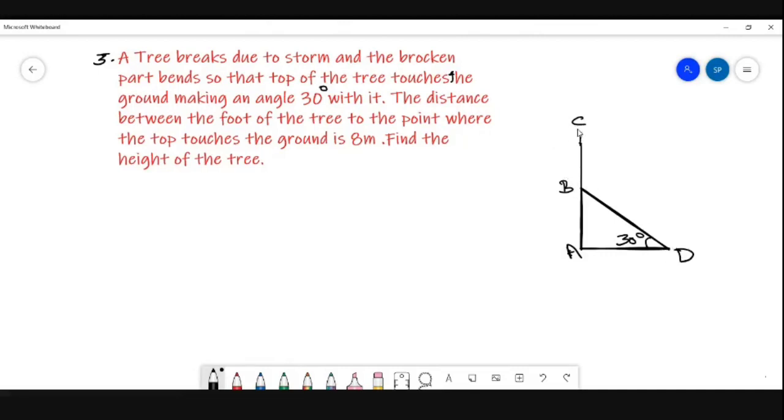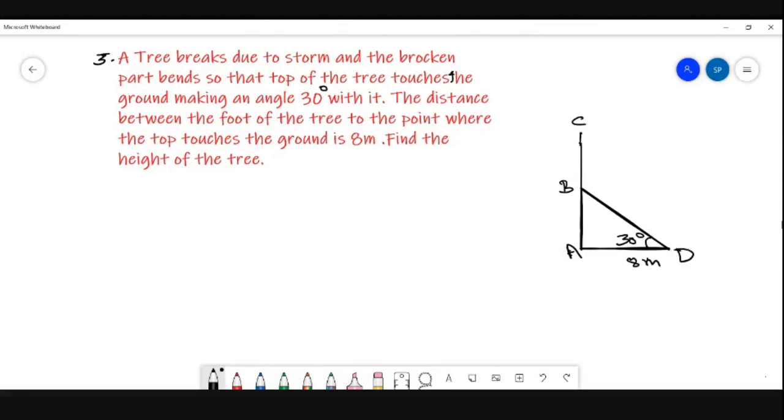When the tree breaks, BC comes and touches D. That is, C coincides with D. Now you can see BC and BD are equal, and the top of the tree touches D, that is 8 meter away from the foot of the tree. That is here AD, AD equal to 8 meter.